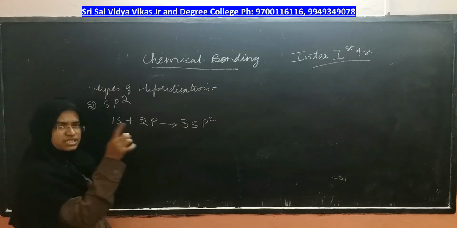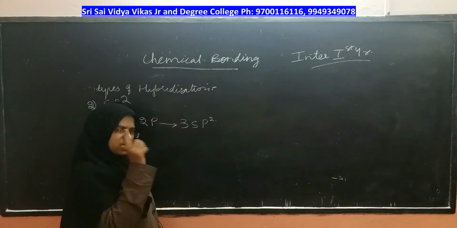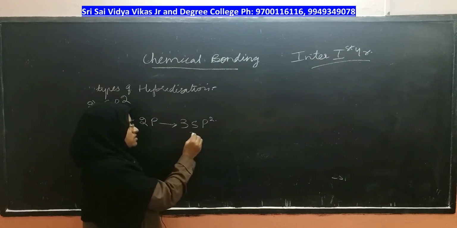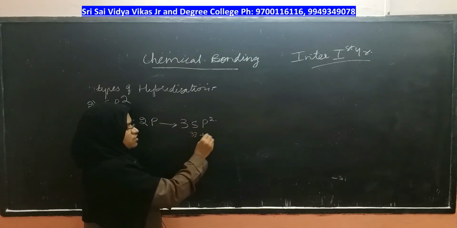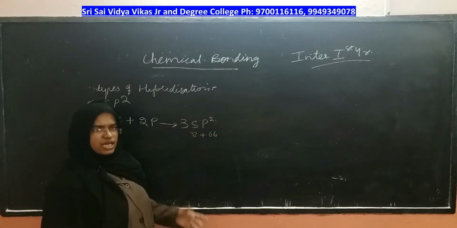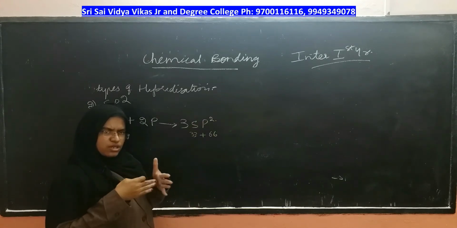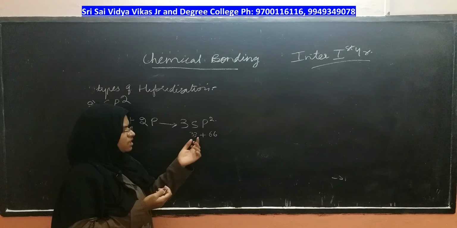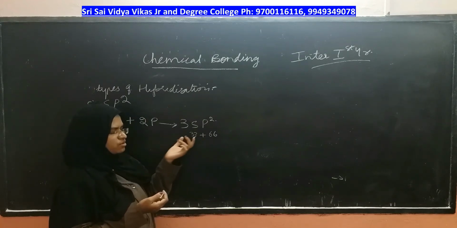You will get 3 hybrid orbitals. In each hybrid orbital the percentage of s will be how much? 33, and the percentage of p will be 66, right? In each hybrid orbital, whoever is mixing more, their domination will be more. So p orbitals were more in number, so they contribute 66%, and s orbital was less, so it contributes 33% only.